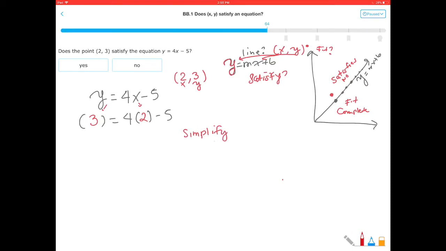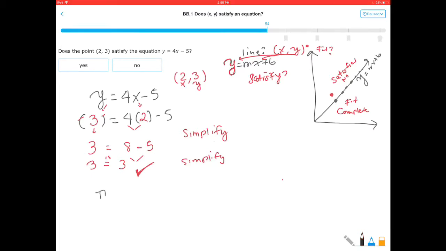Did we use the parentheses? No. So you bring down what you didn't use. And then 4 times 2, that's 8, minus 5. We're going to simplify again. So 3 equals 8 minus 5, which is 3. And what you notice here is that this is true. 3 is 3.